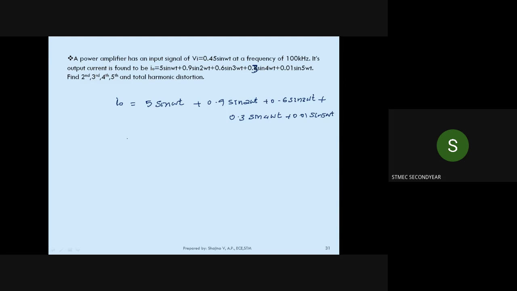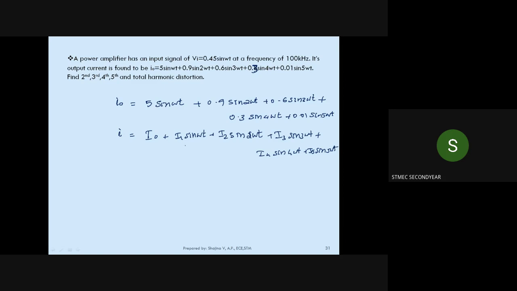So you can compare it with our equation for current, that is, it contains a DC term plus I1 sin omega t plus I2 sin 2 omega t. നമ്മൾ കോസ് വെച്ചിട്ട് ചെയ്ത് സൈനായാലും കോസായാലും അത് കുഴപ്പമില്ല. Then I3 sin 3 omega t plus I4 sin 4 omega t plus I5 sin 5 omega t.